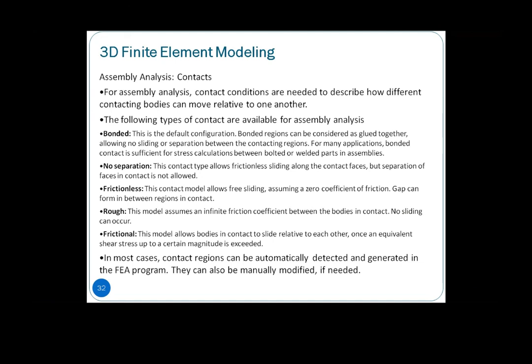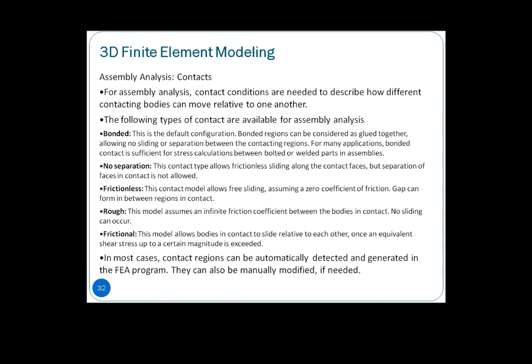Another type of contact you can choose manually, if you think bonded is not suitable for the contact in your analysis, then you can choose other types. But usually bonded is good enough.